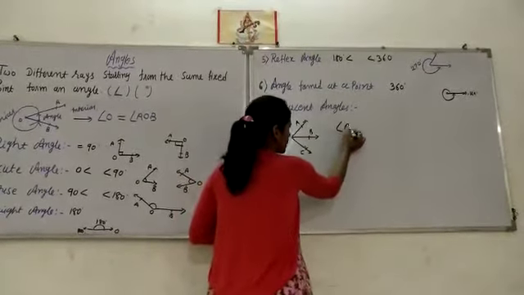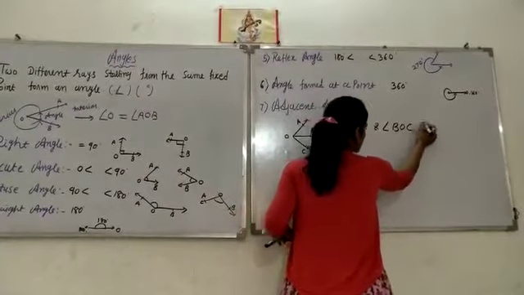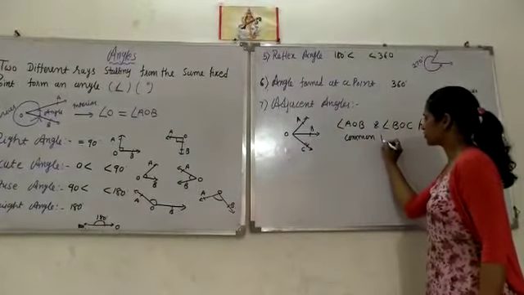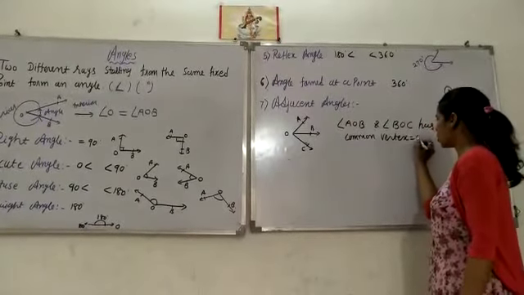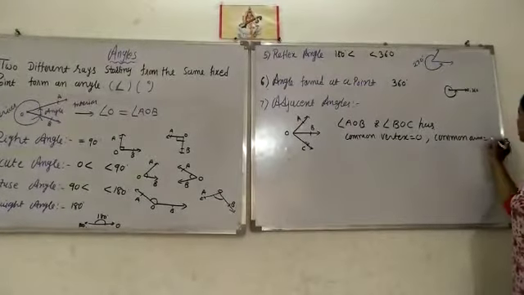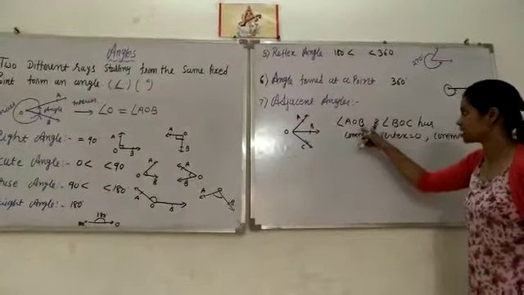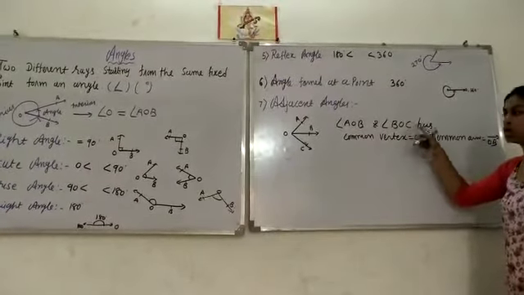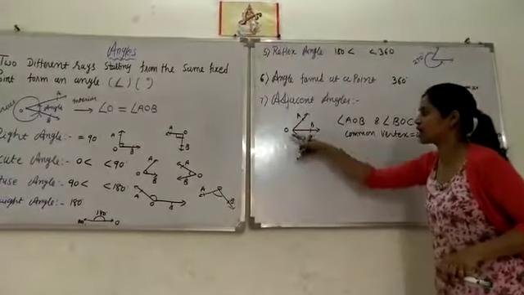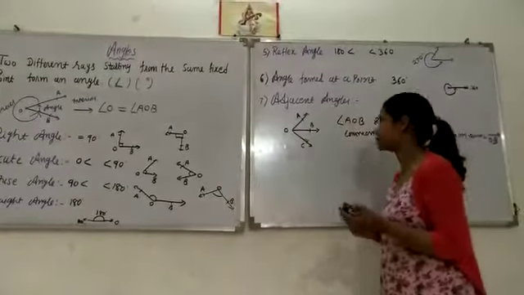So angle AOB and angle BOC have a common vertex O and a common arm OB, because arm OB is here in this angle and also in this angle. So those angles which have a common vertex and one common arm are called adjacent angles.